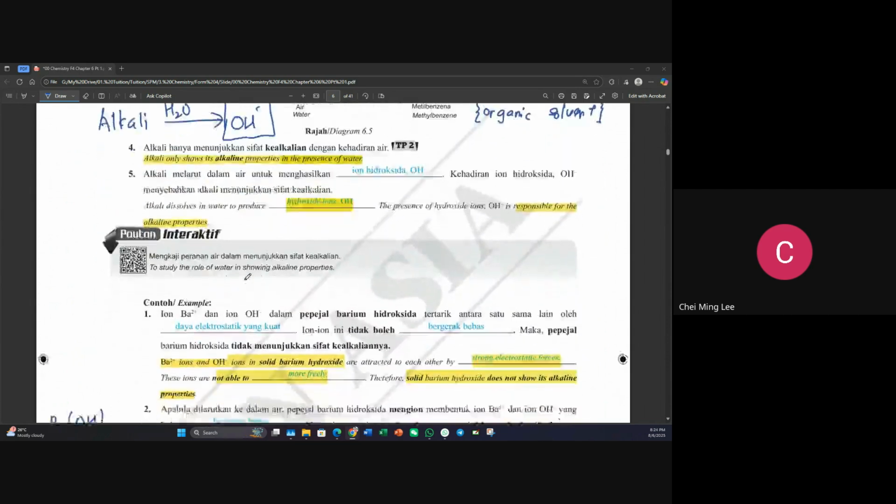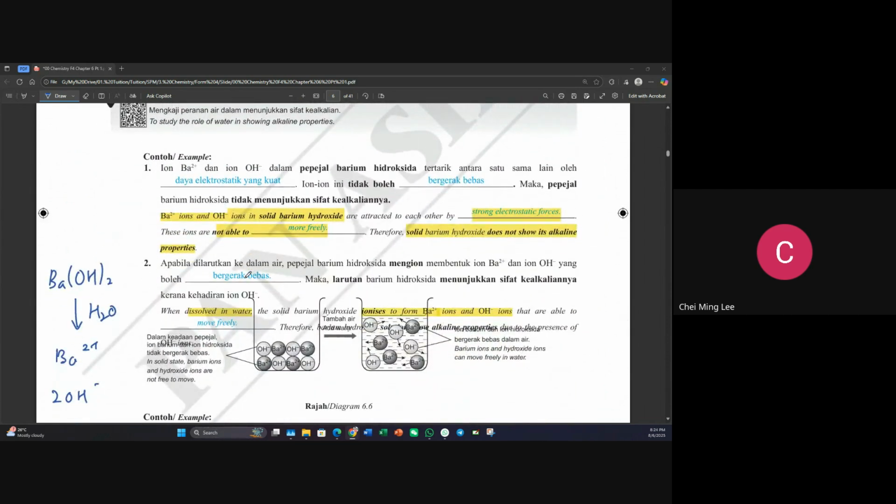Okay, so let's see the example. Barium ions and hydroxide ions in solid barium hydroxide are attracted to each other by strong electrostatic force, so they are not able to move freely. That's why solid barium hydroxide does not show its alkaline property.